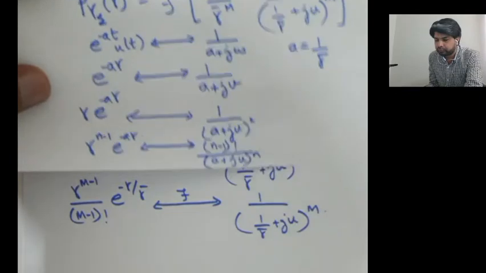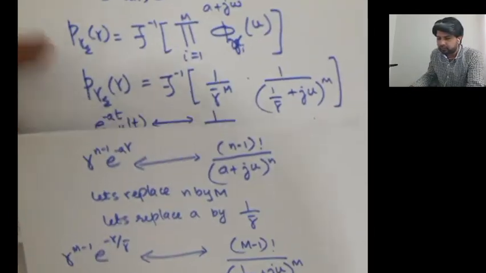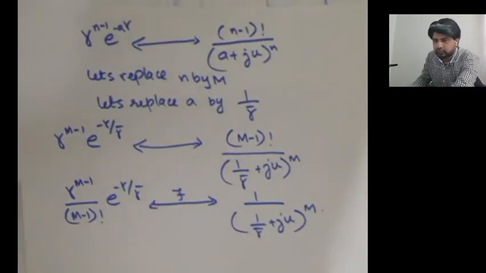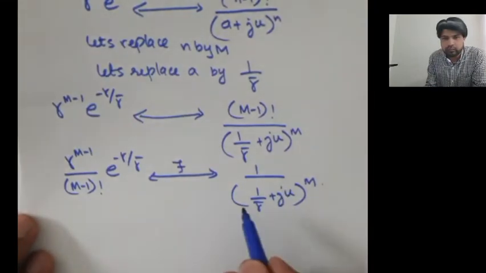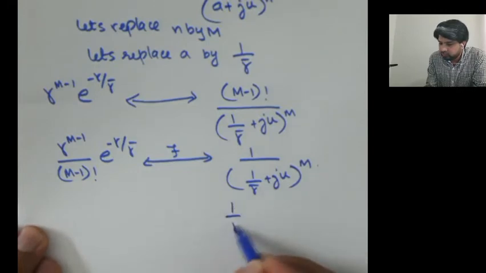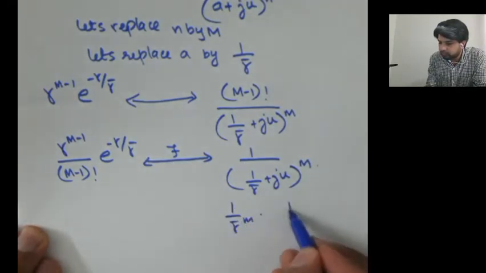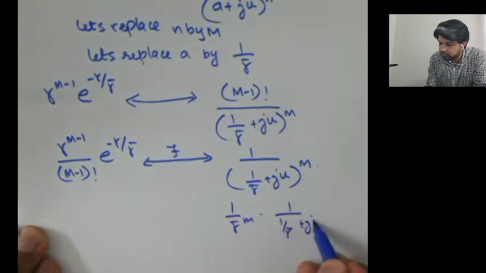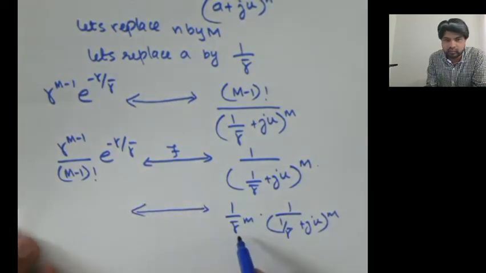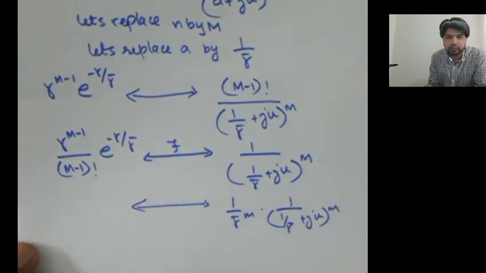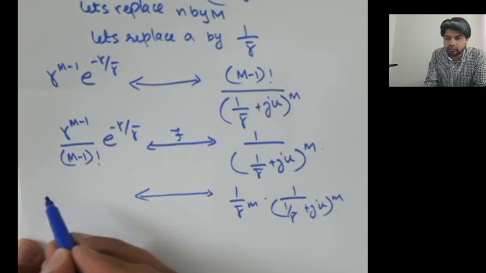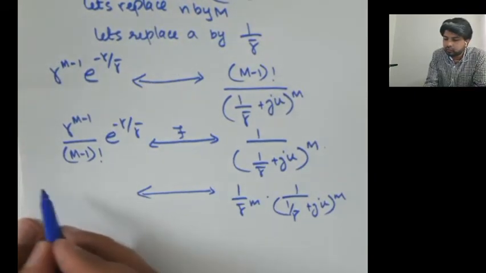So we can multiply both sides by 1 over gamma bar to the power M. Since we have multiplied this on the Fourier side, we should multiply it in the inverse Fourier transform domain as well.